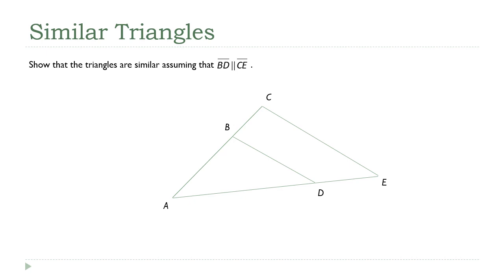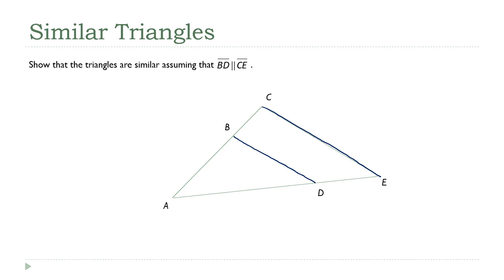Okay, so I've got one more here. And it really is a very similar diagram, but we have different information. Now I know that BD and CE are parallel to each other. All right, so again, I don't have any information about the sides. So I'm really thinking I'm going to have to fall back on the angles and maybe use that AA theorem again.